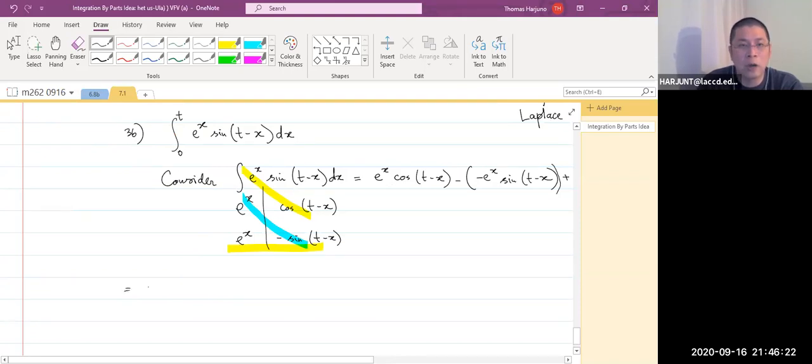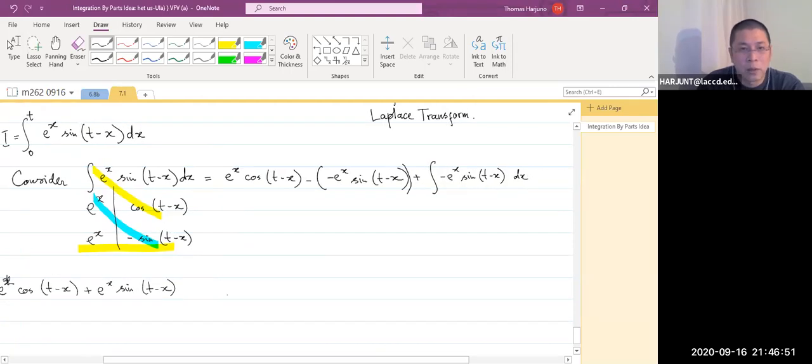So if this is my I, this integral now is e to the x cosine (t minus x) plus e to the x sine (t minus x) minus the integral of e to the x sine (t minus x) dx.